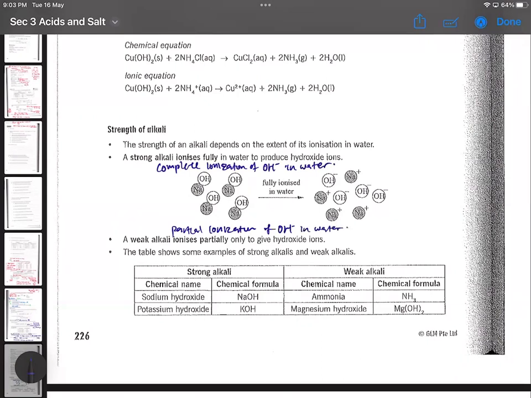Exactly the same deal. Okay, so just now we talked about strong acids. We only got three. The three strong acids: HCl, hydrochloric acid, HNO3, nitric acid, and H2SO4, sulfuric acid. All these must be memorized. Other than these three acids, any other acids we say, just classify them as weak, you're fine.